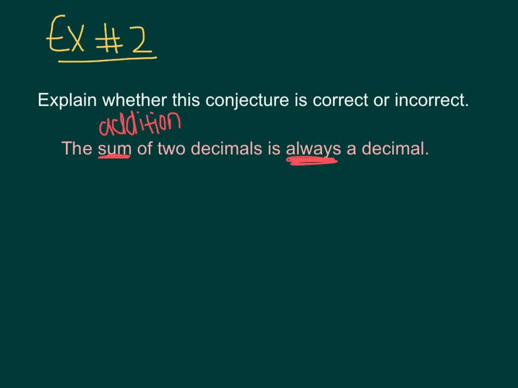Let's pick two decimals. We'll have 5/10 plus, and I'm adding because it says sum, plus 2/10. Remember, you bring that decimal straight down and you add like normal. So I got 7/10. So that would mean that, yeah, that's true.